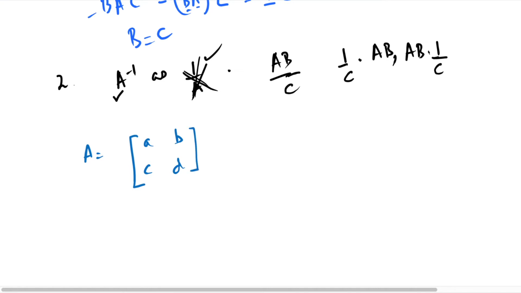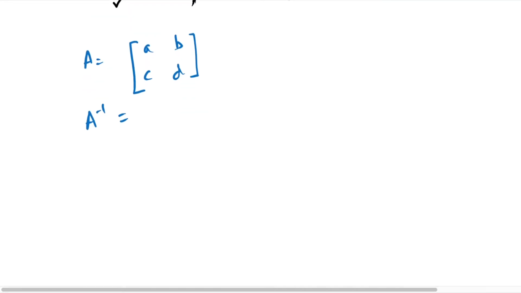Then the inverse of A, that is A inverse, will be equal to 1 by AD minus BC, this scalar, multiplied by the matrix D, minus B, minus C and A.